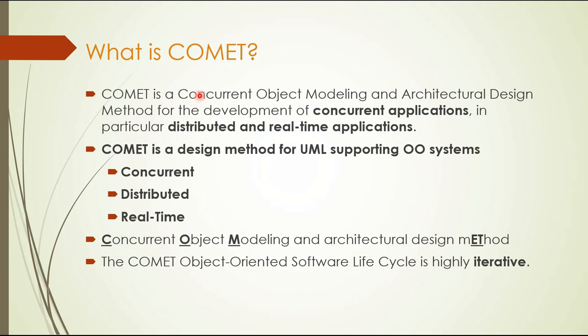So it's used for concurrent systems, such as distributed systems and real-time systems. Also, as I explained in the previous slides, this method is UML based. That means we will use the UML diagrams to support this design. So the types of design supported by this method are concurrent systems, distributed systems, and real-time systems.